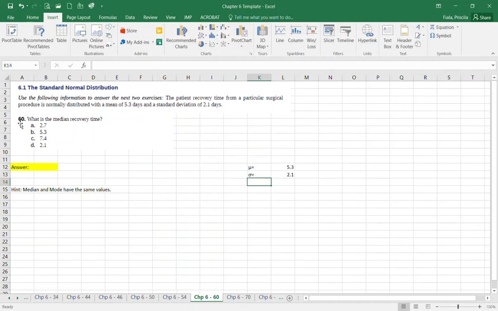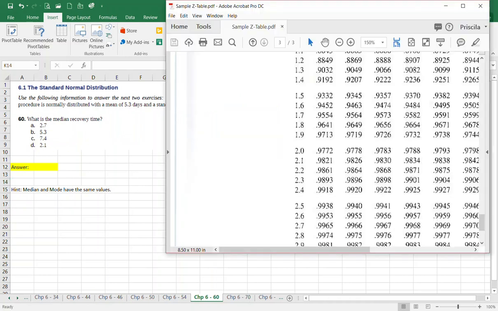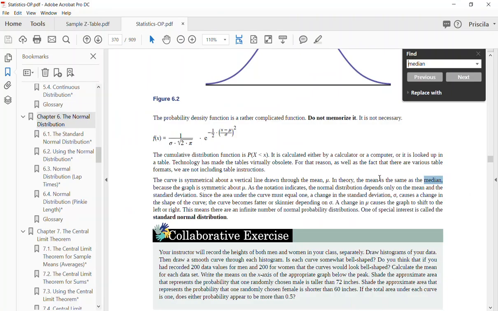Okay, so it's asking you what is the median recovery time. If you refer to your textbook, which I can open right here, the mean is the same as the median because the graph is symmetric about the mean.